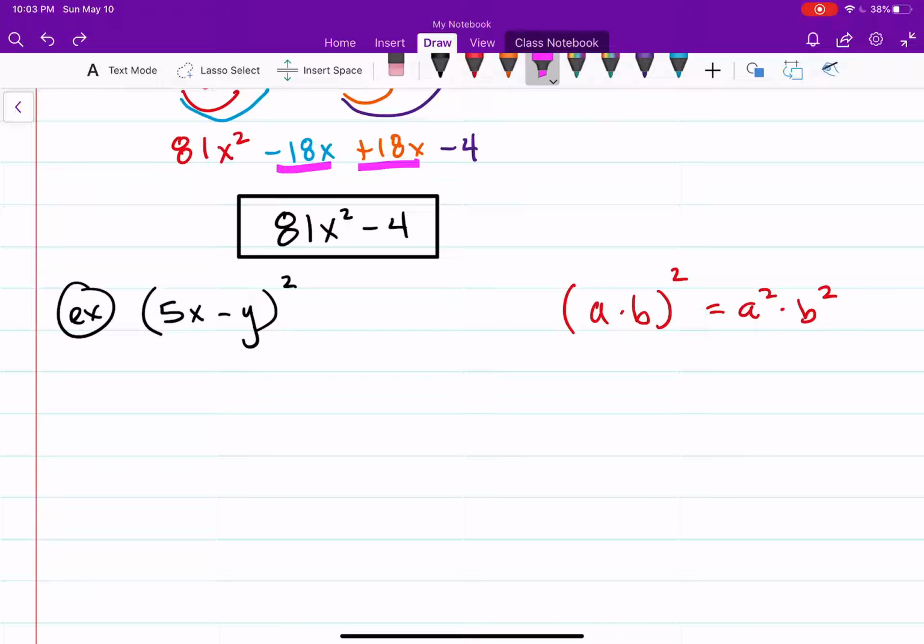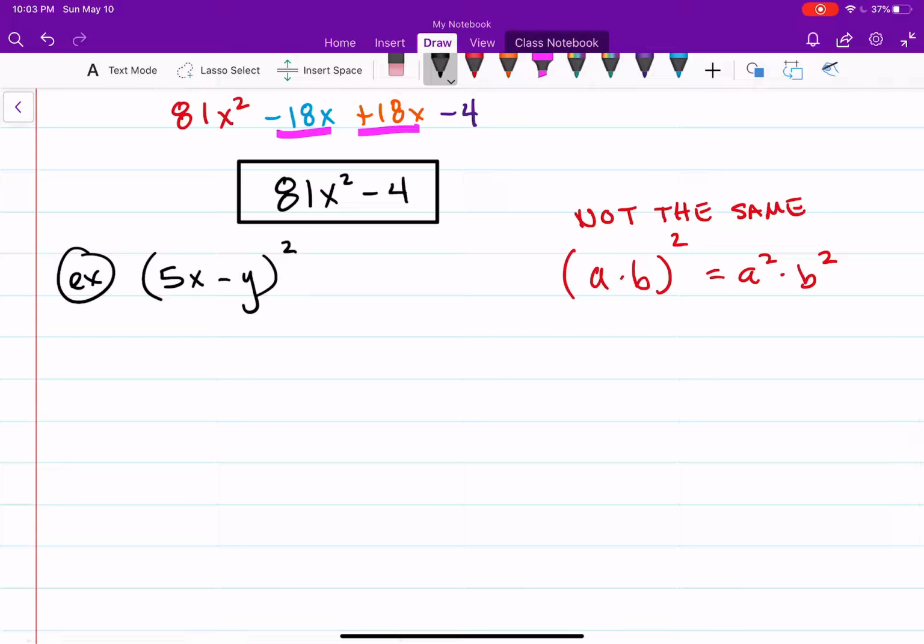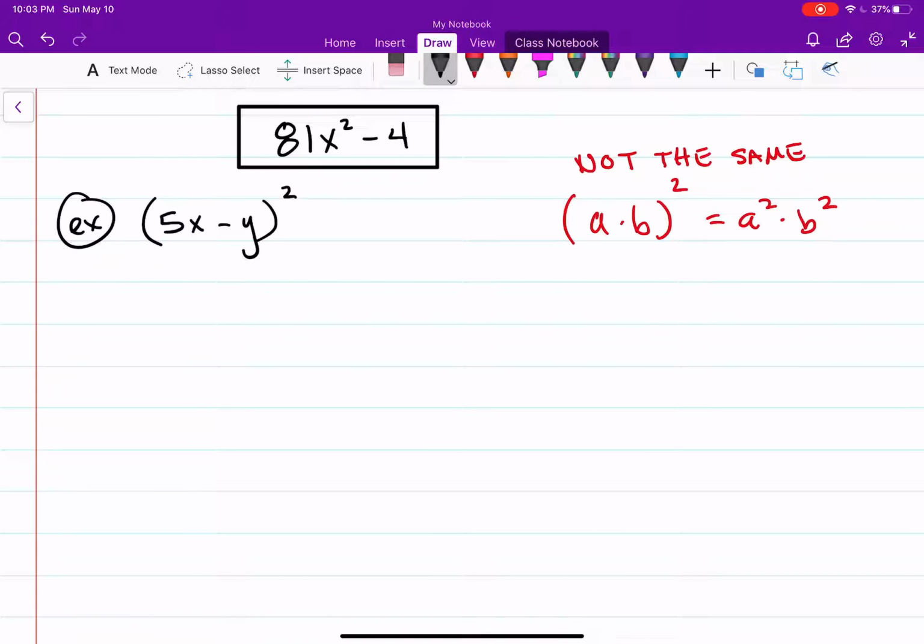Okay, I want you guys to understand this. So I'm going to put down right here, not the same. Okay, so with this one, what we have to do is the exponent tells me to write the parentheses twice. So I'm going to write the parentheses twice.